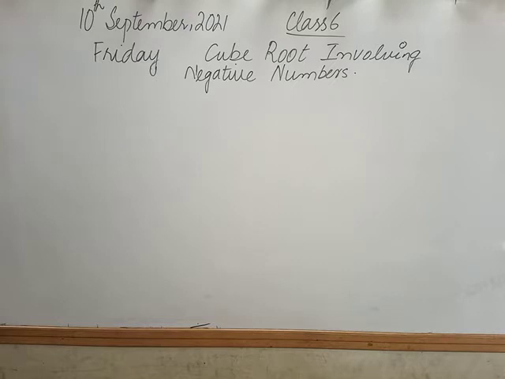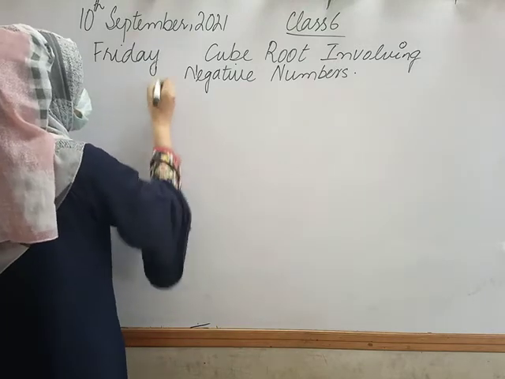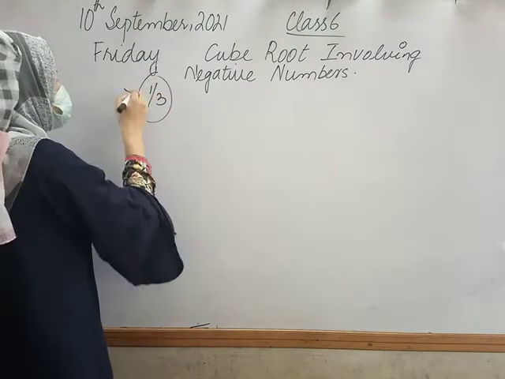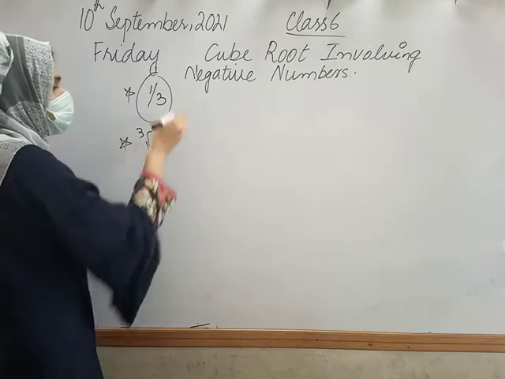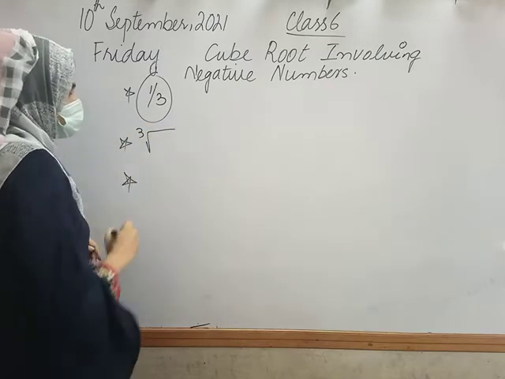Very good. The value of cube root is 1/3. Okay? This is the first property. Second, we have discussed that we will simply represent cube root by this form.